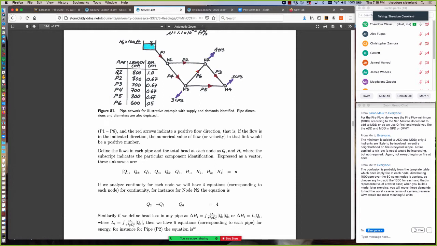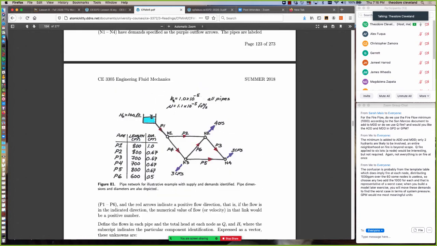Additionally, we have the individual pipes named, pipe 1 through 6. Here are their lengths in feet, and here are their diameters in feet. We have the roughness height for all pipes as 1 times 10 to the minus 5th feet. They can have different roughness heights, and we would carry a roughness height attribute along with each pipe.